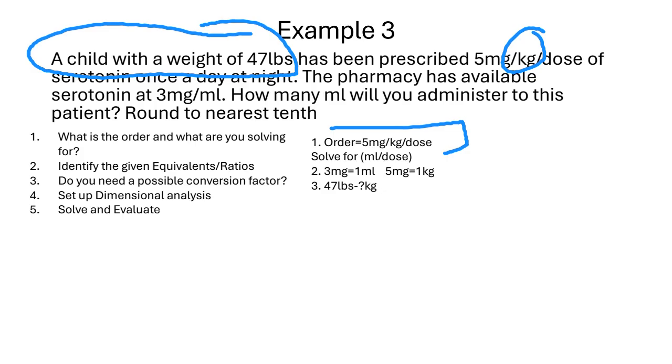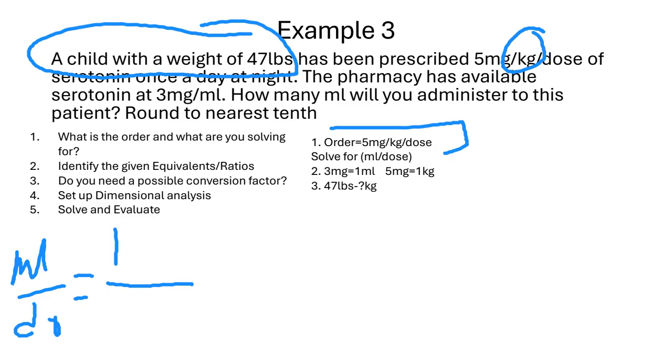Now we can start doing the actual dimensional analysis equation. In this case, we're looking for mLs per dose, and we can start with the dimensional analysis. So we know that in 1 ml, there's going to be 3 milligrams.